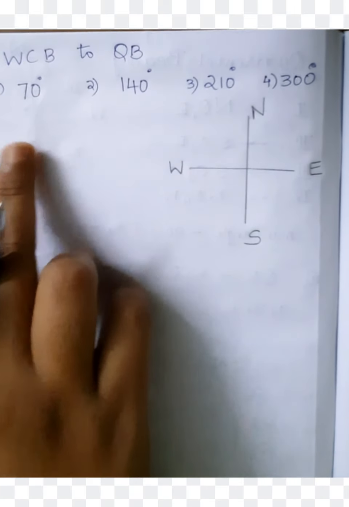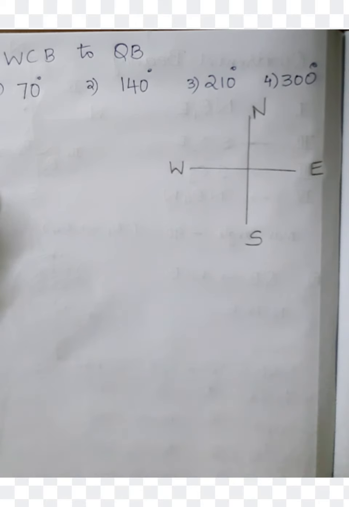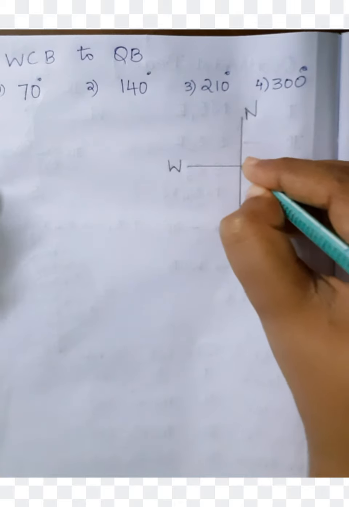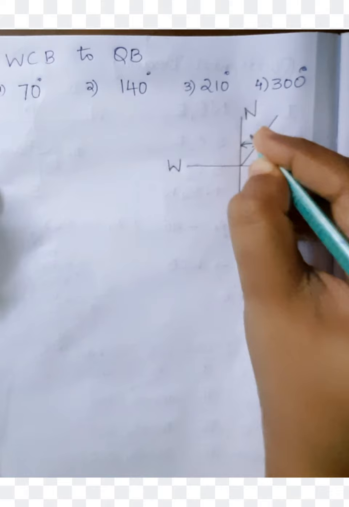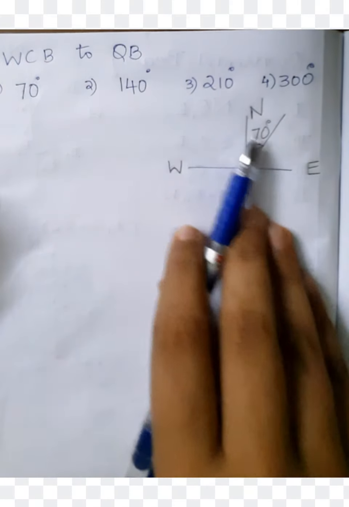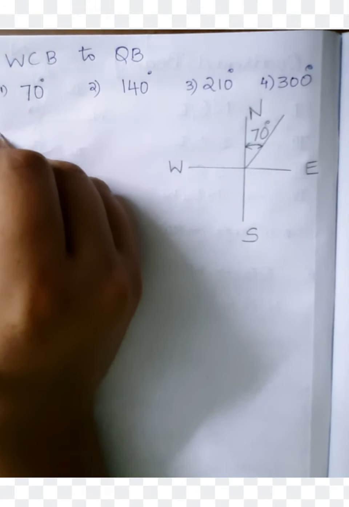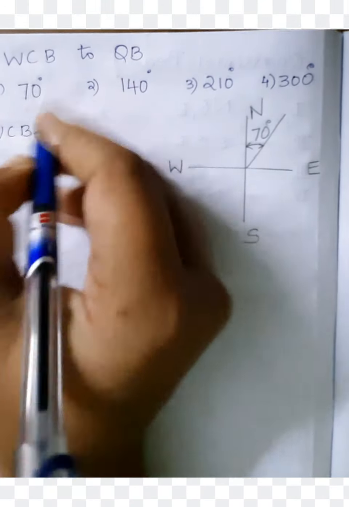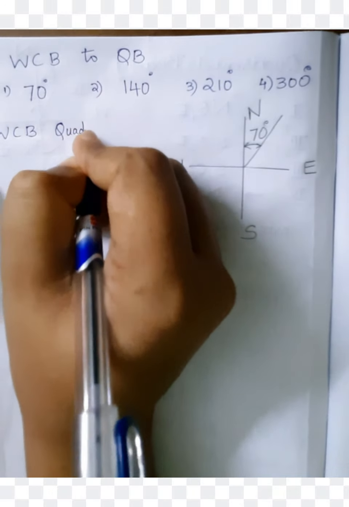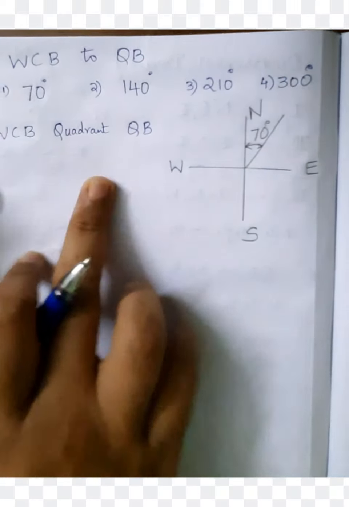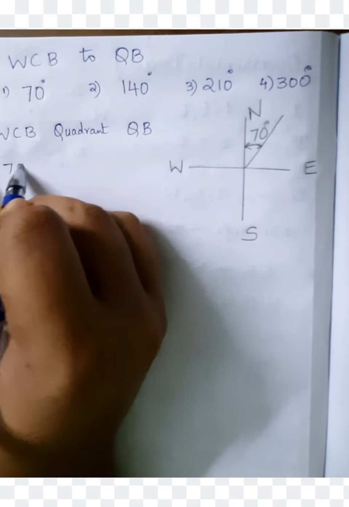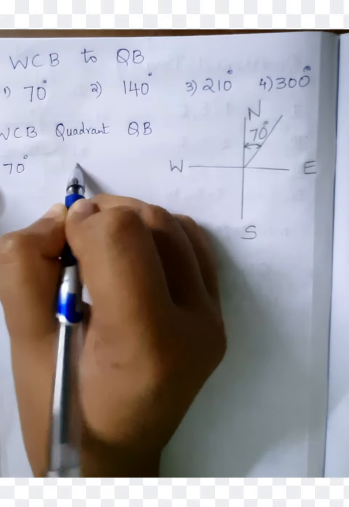Now you are given a whole circle bearing angle of 70 degrees, and you are supposed to convert this into a quadrantal bearing angle. This 70 degrees falls in the first quadrant, so your quadrantal bearing angle also remains the same for the first quadrant.